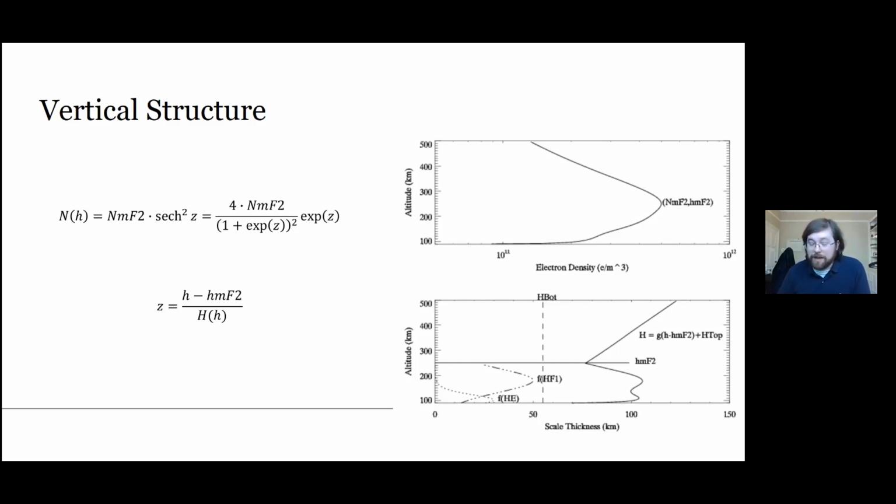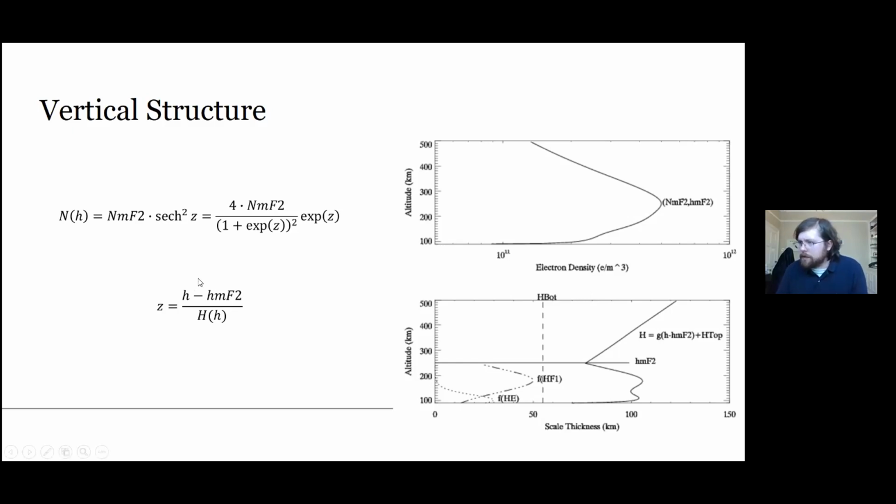And unfortunately, the F1 layer, while it may be a subtle feature in electron density, is actually a really important feature for radio propagation, because radio propagation doesn't just depend on the electron density, it depends on the derivatives of the electron density. And so we need to consider an approach that better qualifies that F1 layer.